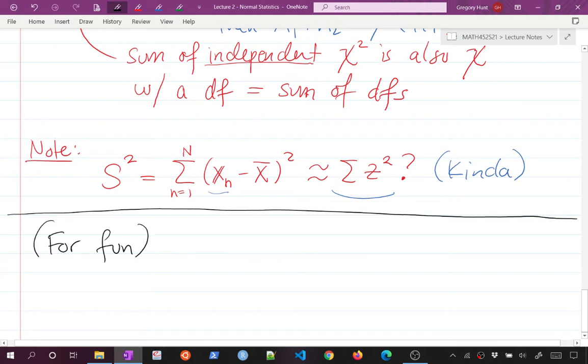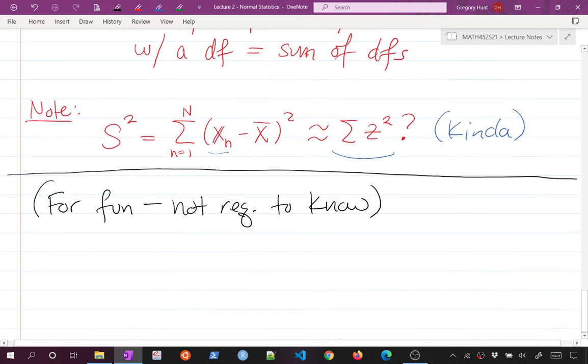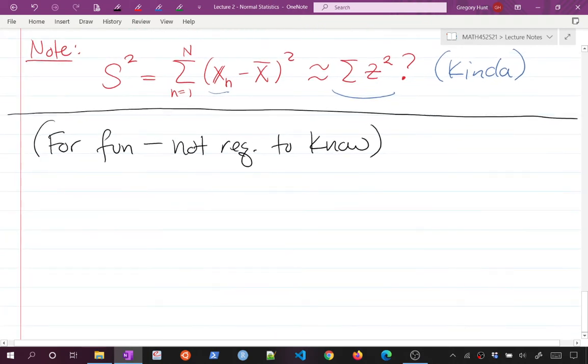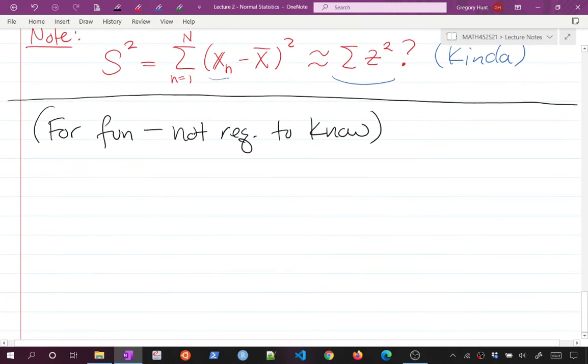If you don't like fun, i.e. linear algebra, you can skip this. But just for fun, let's say not required to know. And I'm going to give a real high-level sketch of this whole thing. So it turns out that, let's just assume to make our lives easier, that mu is 0 and sigma squared is 1.